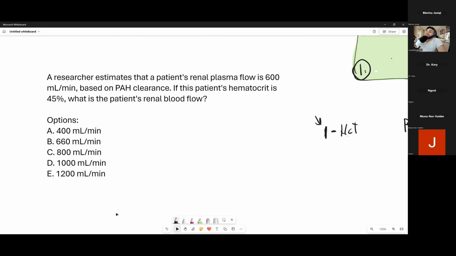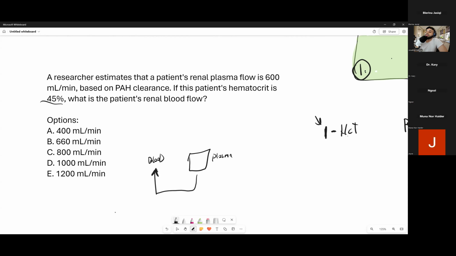So first things first, instead of trying to memorize formulas here, I'm just thinking to myself, I have the product. I have the plasma. What do I want to solve for? The origin, the original structure, which is the blood. I want to find out what is up with the blood.